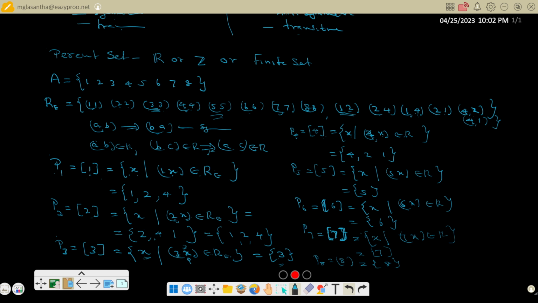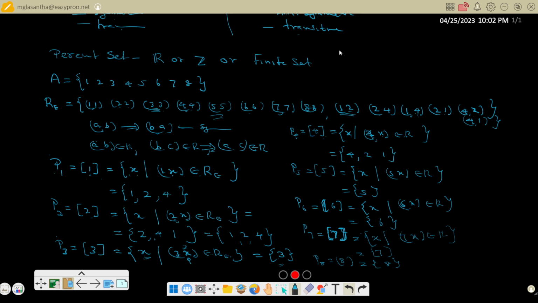Only 8. But if you look at these equivalent classes, all equivalent classes are disjoint. Okay? Disjoint means no intersection, or equal, completely equal.